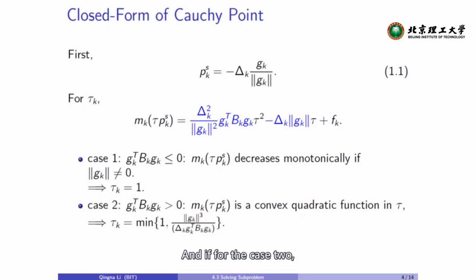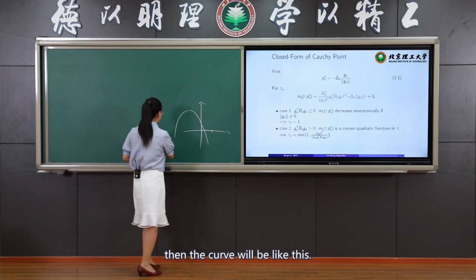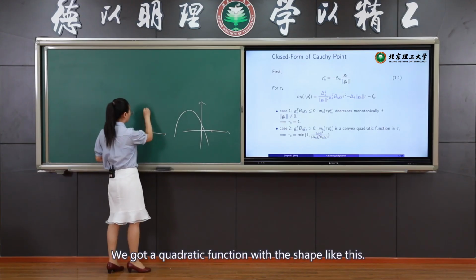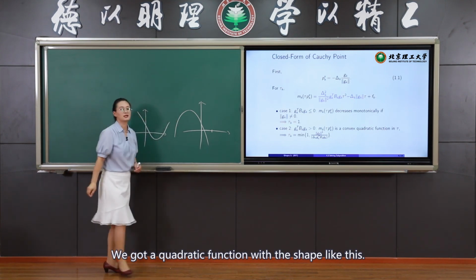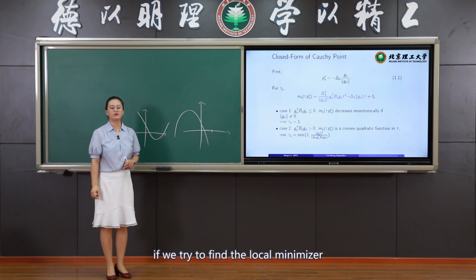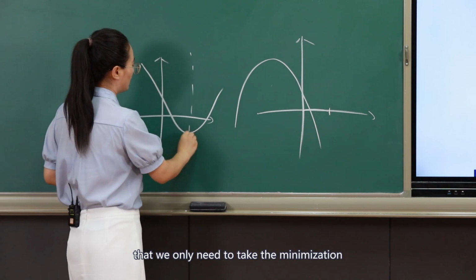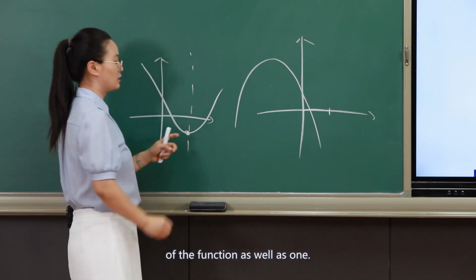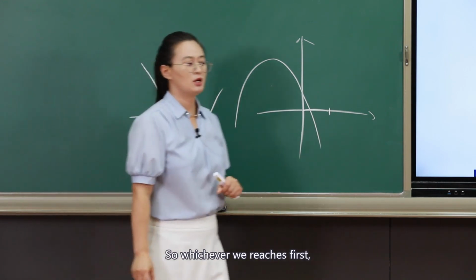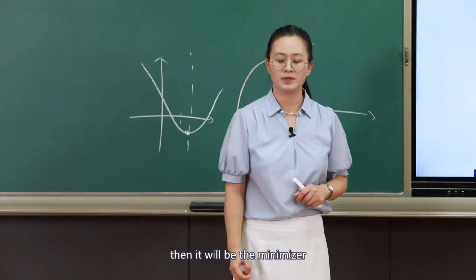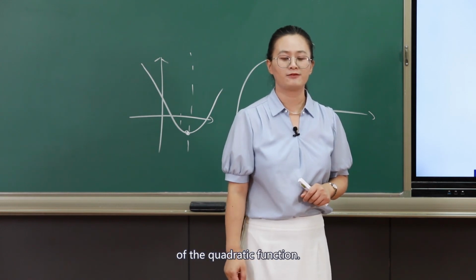For case 2, the coefficient is greater than 0, and the curve will be like this. We get a quadratic function with the shape like this. So in this case, we only need to take the minimizer of the quadratic function or 1, whichever we reach first, and that will be the minimizer over the interval.